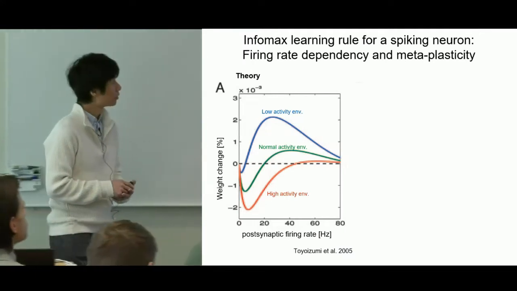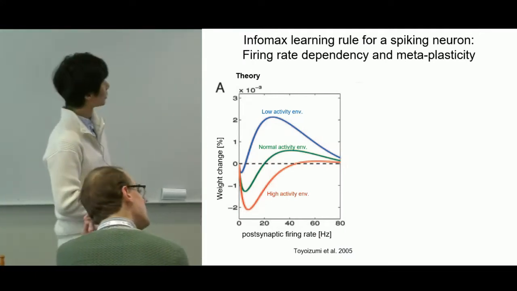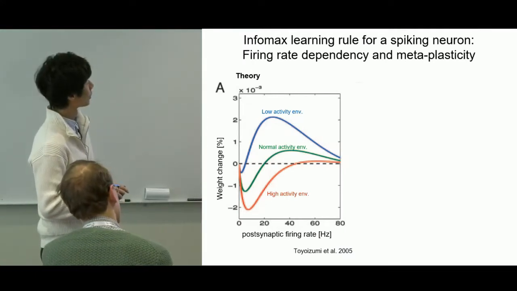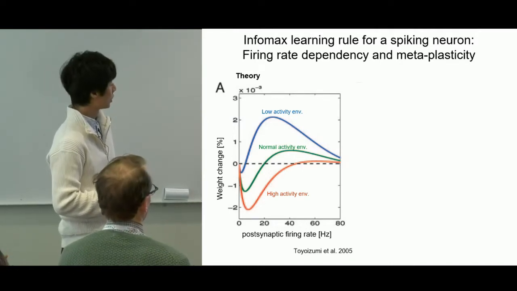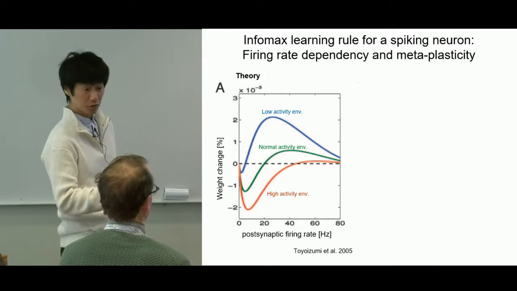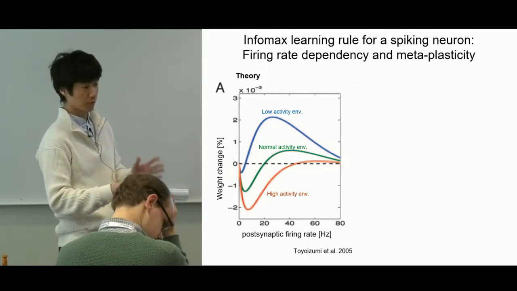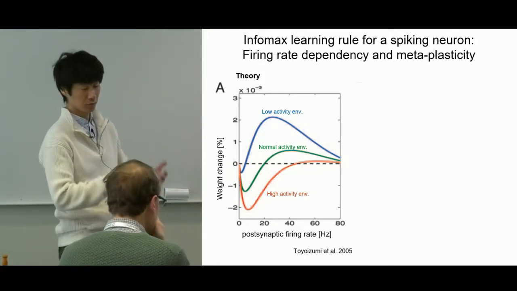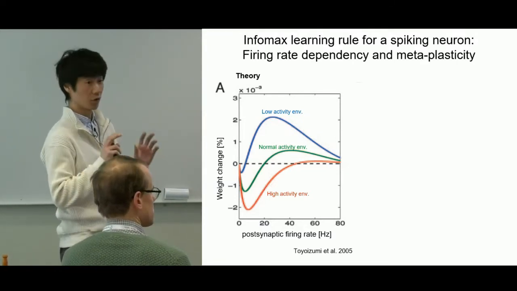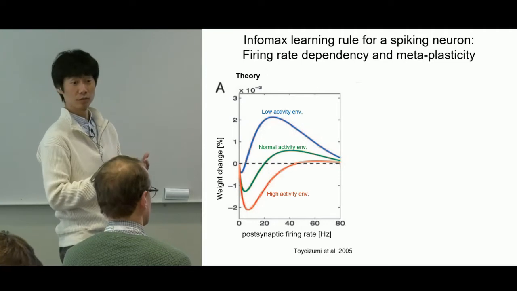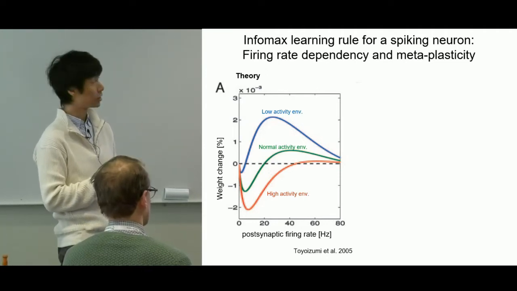Some long time ago, I computed this Infomax learning rule for spiking neurons and found some interesting features. Basically, what I computed is mutual information from the presynaptic inputs to the postsynaptic output, and derived the gradient ascent learning rule for synapses to maximize that quantity.